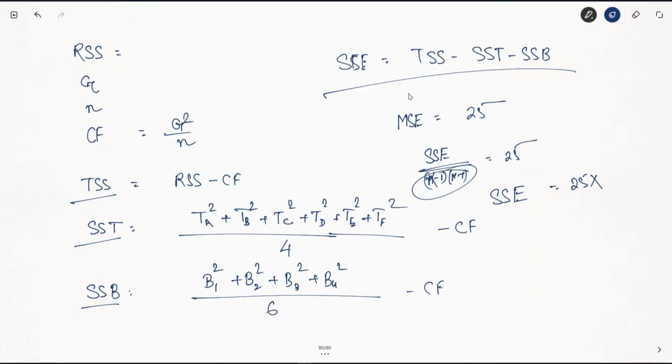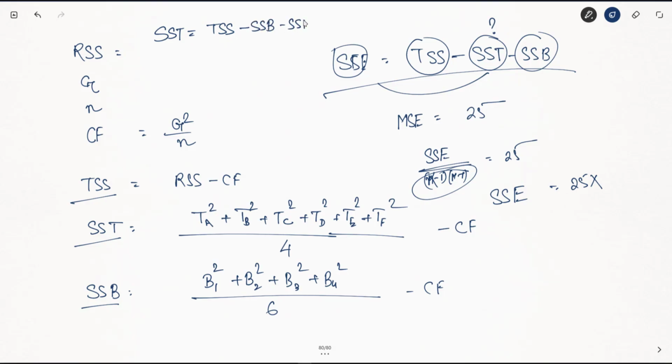Now the relationship between them is that sum of square due to error is obtained by total sum of square minus sum of square due to treatment minus sum of square due to block. This quantity is missing, SST. So what we can do is we can interchange them, right? So SST will be given by total sum of square minus sum of square due to block minus sum of square due to error, right?